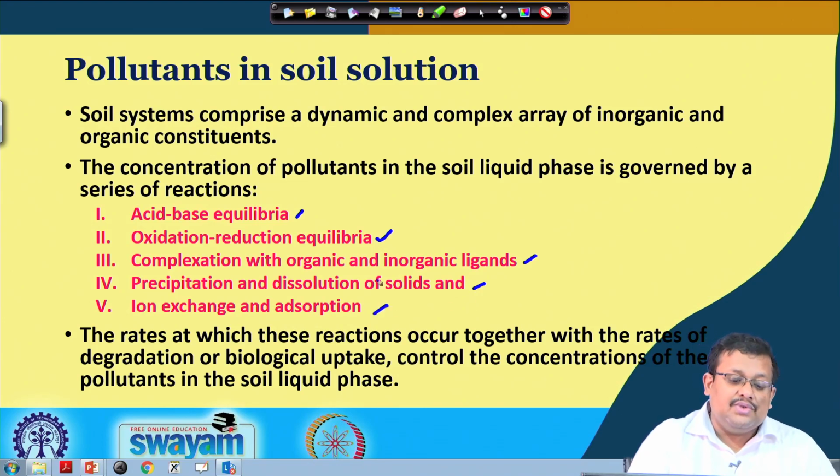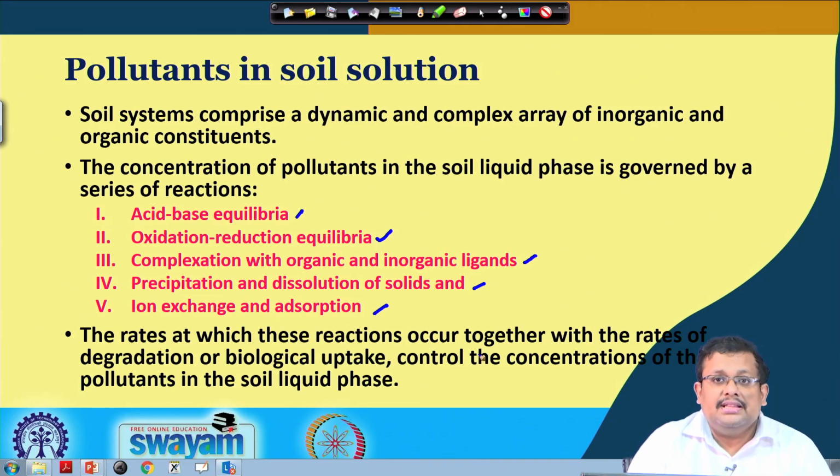Now, among all these we have already covered in detail oxidation reduction equilibria or redox potential. We have also covered in detailed discussion ligands and complexation with organic and inorganic ligands, and also we have extensively discussed ion exchange and adsorption in our previous weeks.